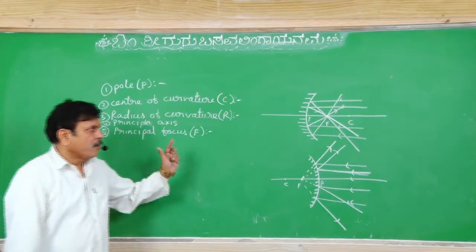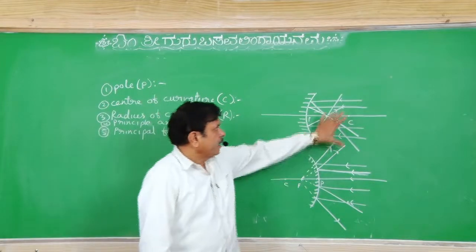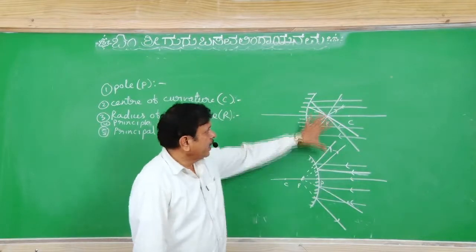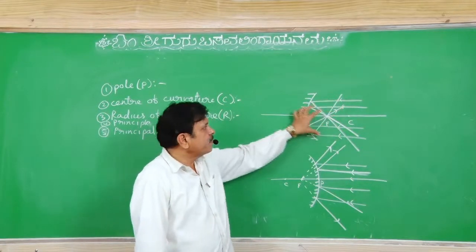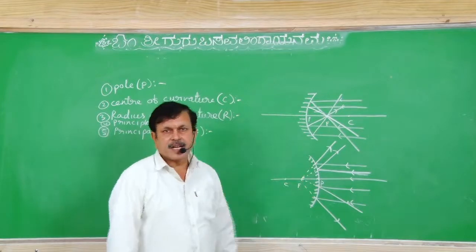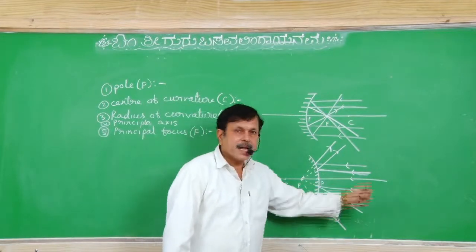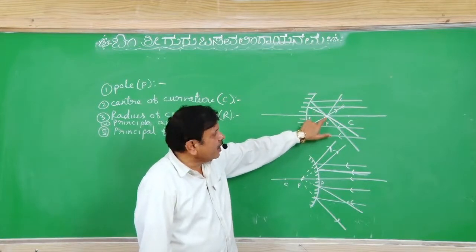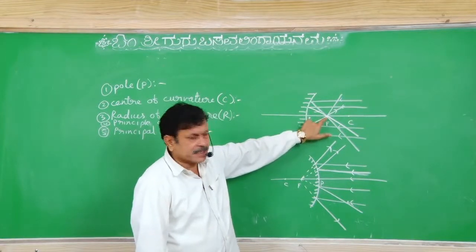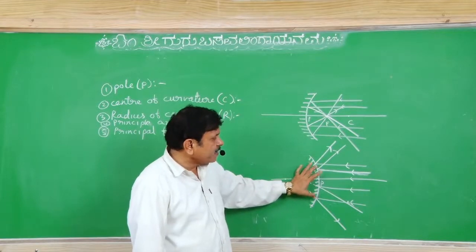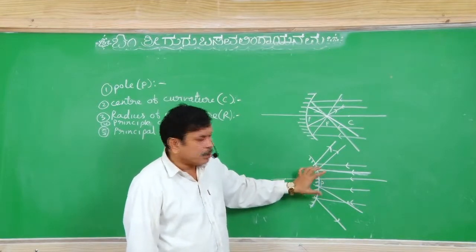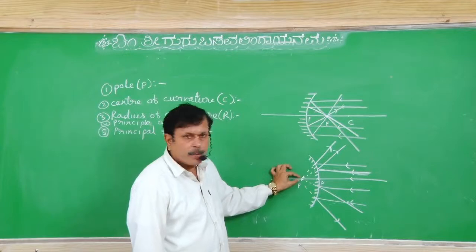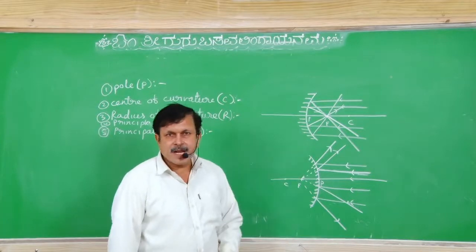So we have to define, in both the cases, a parallel beam of light is made to be incident on the spherical mirror parallel to the principal axis. After reflection, they are meeting at one point on the principal axis. Here, after reflection, they are found to be diverging from a point on the principal axis.